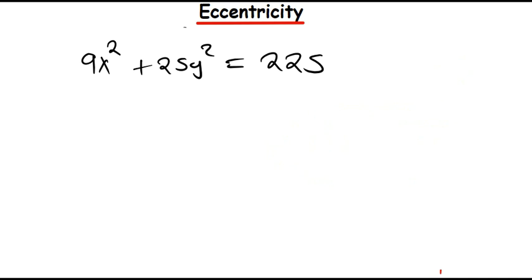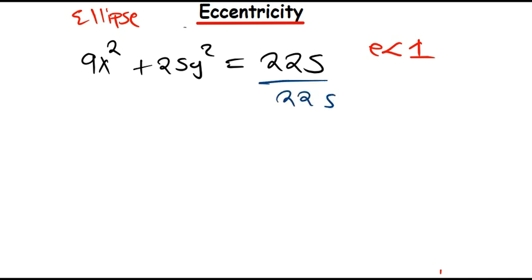So we're dealing with an ellipse, so we expect that e should be less than 1. Therefore we want to put it in the form where we've got a 1 on the right. So divide both sides by 225. What do we end up with? 9 into 225 is how many times? 25.